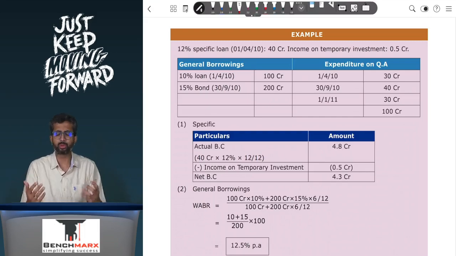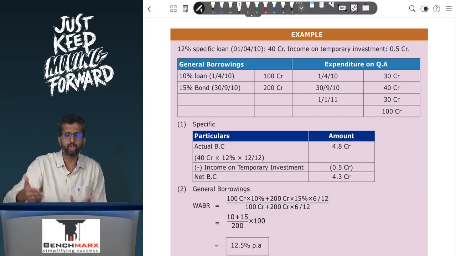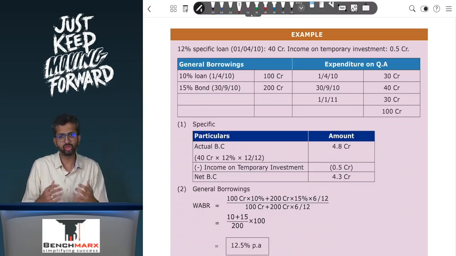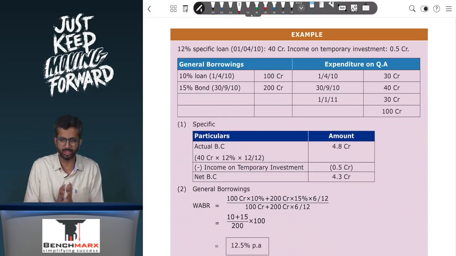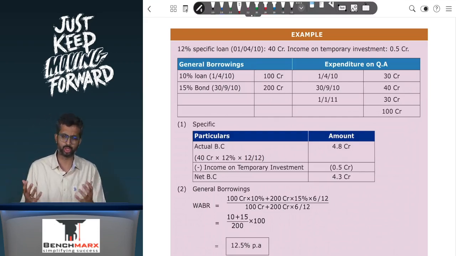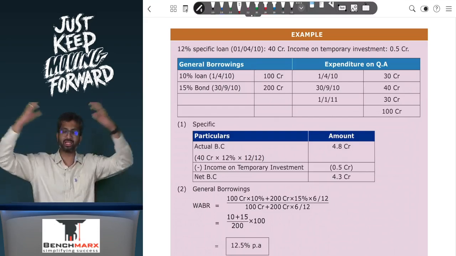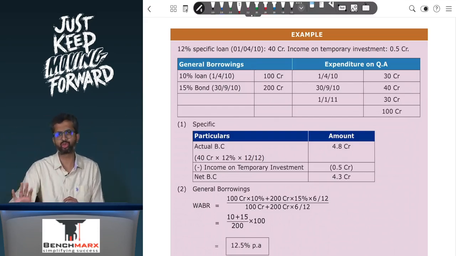However, sometimes your expenditure may be 100 crores, but your borrowings are only 60 crores, in which case the maximum amount that you can capitalize is your actual interest, because maybe the additional 40 crores is coming out of your own money. So you will compare the eligible borrowing cost with the actual borrowing cost and select whichever is lower. Generally your eligible borrowing cost will be capitalized provided you are incurring that much of borrowing cost. If you are not, then only the actual borrowing cost will be capitalized.